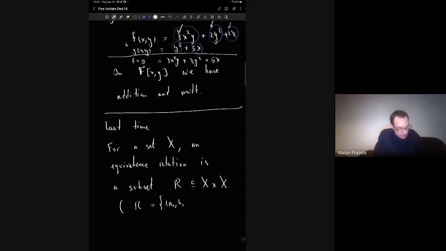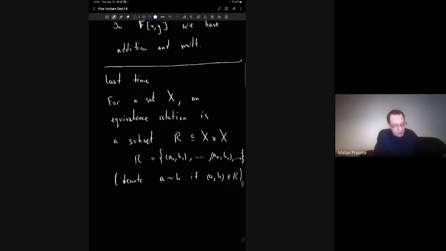Let's say (A1, B1), up to (AN, BN). It doesn't have to be finite, but just for illustration. And we denote A equivalent to B if the pair (A, B) is in R. This is just a more convenient way to denote it.